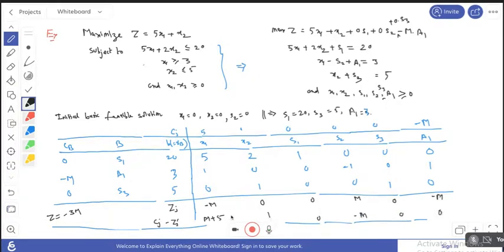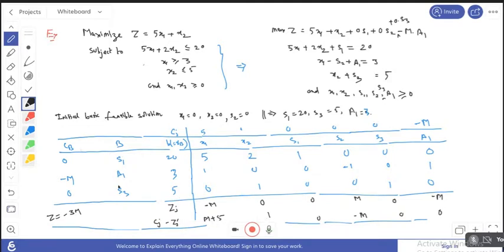Which one is the largest positive? M is large, so if we take M of some order, say 10, this becomes 10 plus 5. Only two entries are positive, so we take the largest positive.